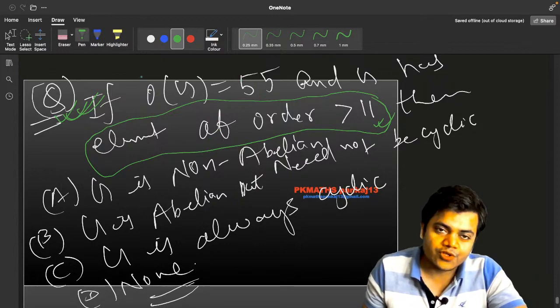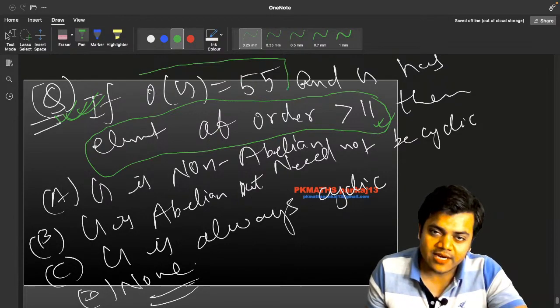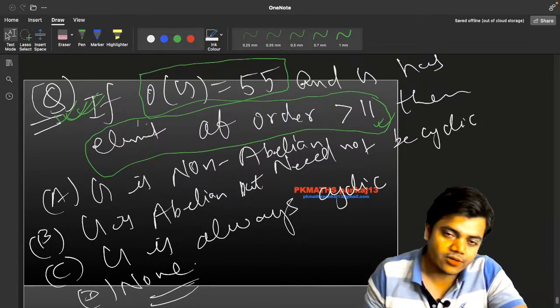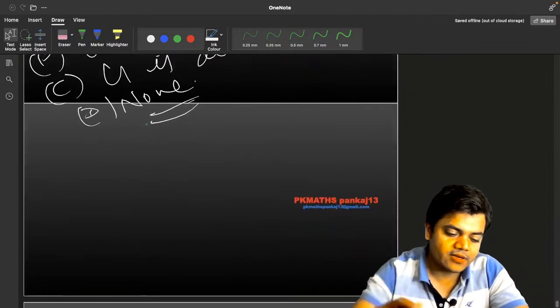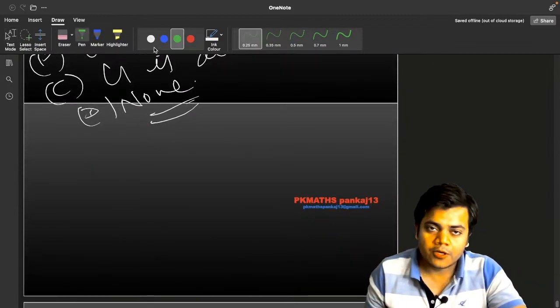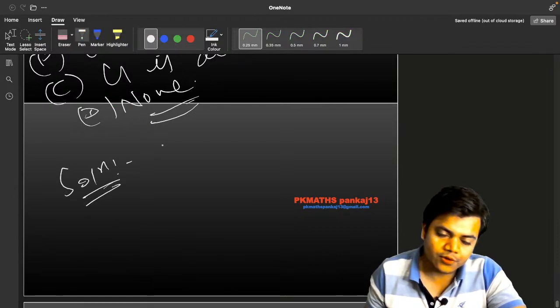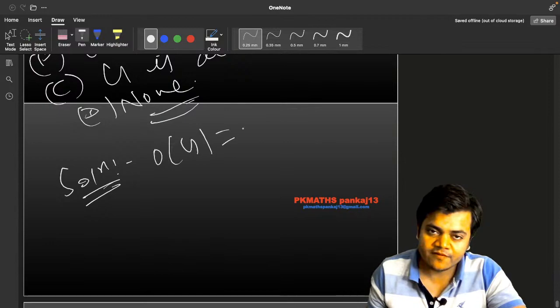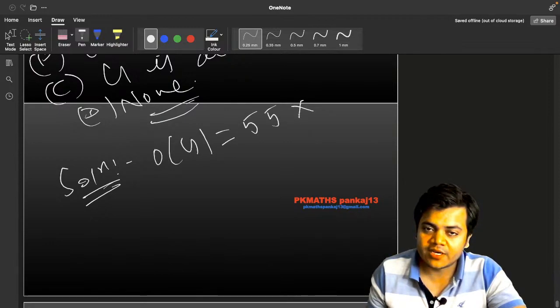So certainly this question is completely based on the results that were discussed in the previous lecture, and we can solve it easily. First of all, we can see that the order of the group G is 55, which can be written as the product of primes 5 and 11.